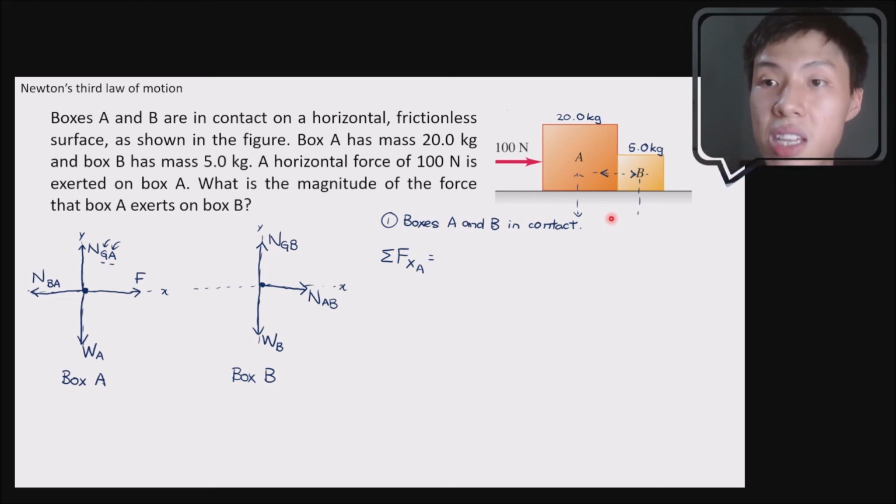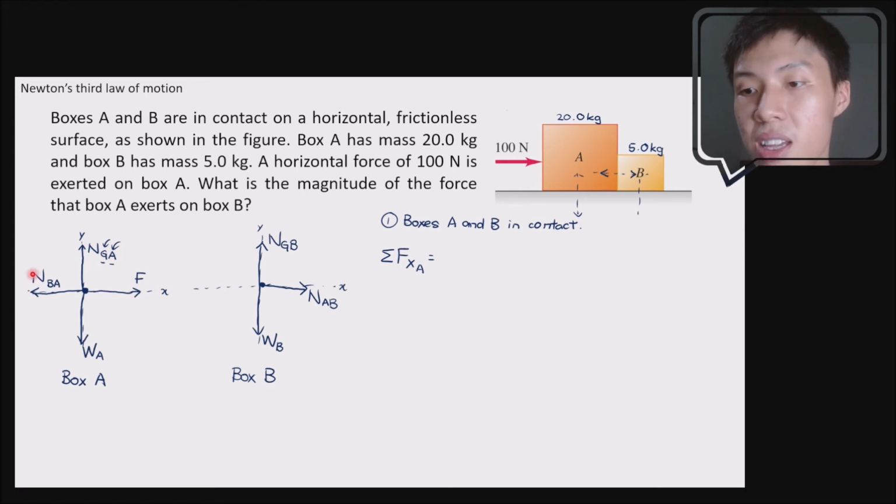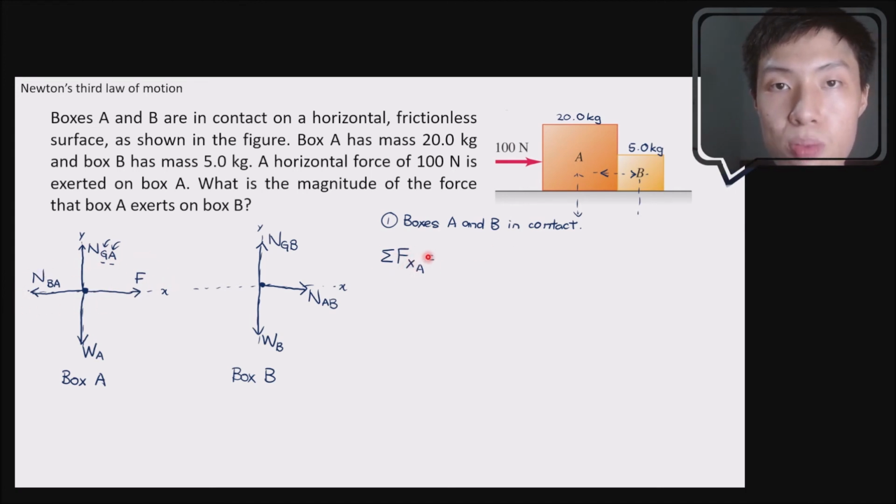Since they accelerate at the same rate, if this acceleration is pointing to the right, the acceleration over here should be pointing to the right as well. So since there's acceleration over here, there will be net force acting in the x dimension for box A. Therefore, sum of F over here should be equal to mA, not equal to 0, because there's acceleration here.